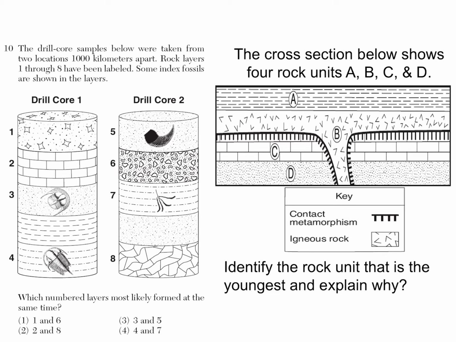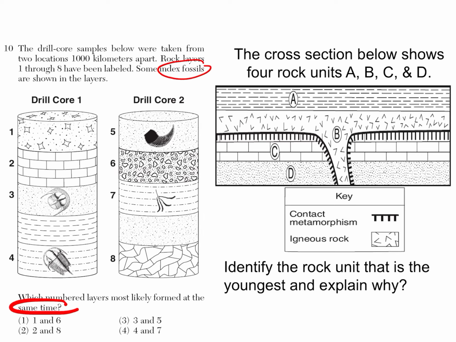For the first one, the drill core samples below were taken from 2 locations 1,000 kilometers apart. Rock layers 1 through 8 have been labeled. Some index fossils are shown in the layers. Which numbered layers most likely formed at the same time? So they mentioned index fossils, and they're asking which ones existed at the same time.